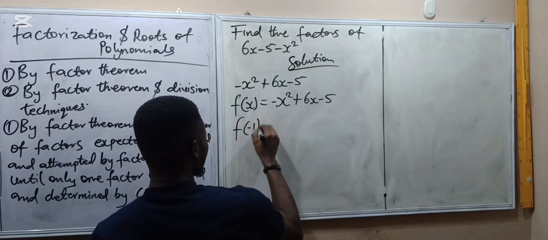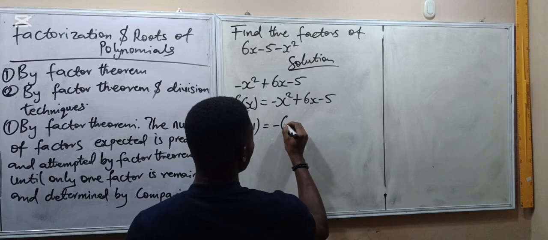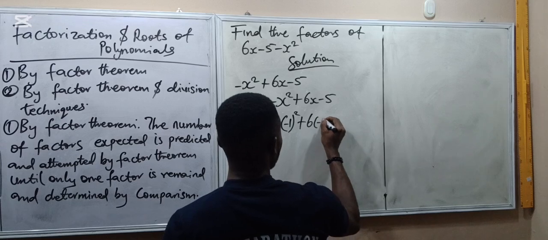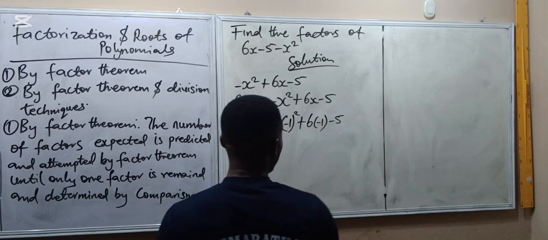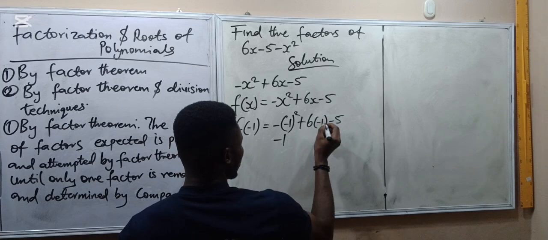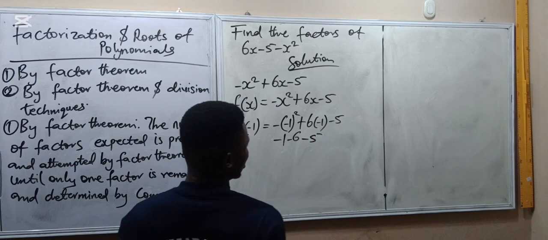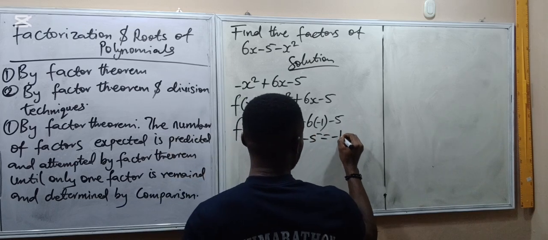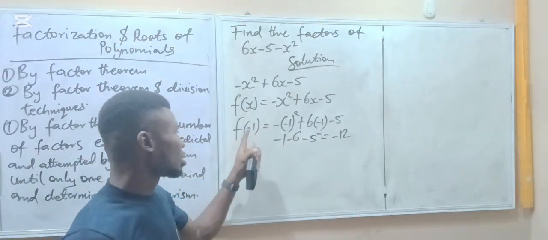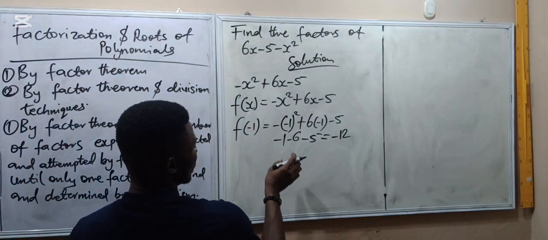F of minus 1 will give us minus into minus 1 squared plus 6 into minus 1, then minus 5. This will give us minus 1 minus 6 minus 5, and of course this is minus 12, which is not equal to 0. That means this is not a factor. Minus 1 does not work.